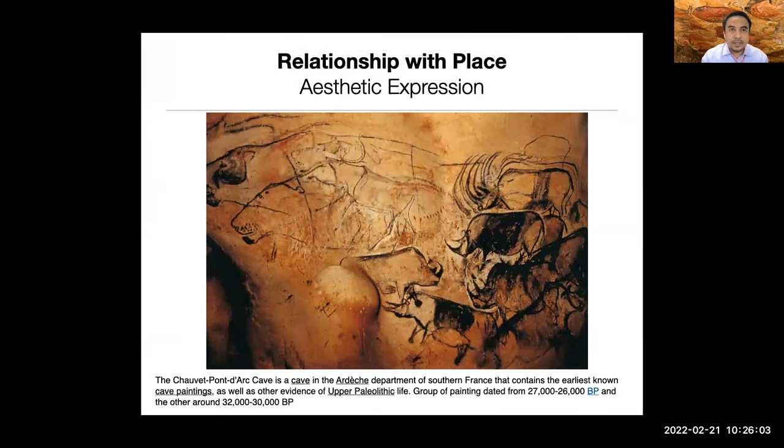Next, the idea of the temple, the idea of worshipping, the idea of semantic architecture. I would like you to think about the relationship of humans and places, right? They have aesthetic expression. Aesthetic just means beauty, but it also means other meanings that happen in the mind and that they express outward.